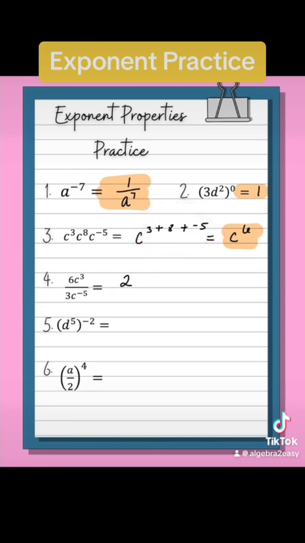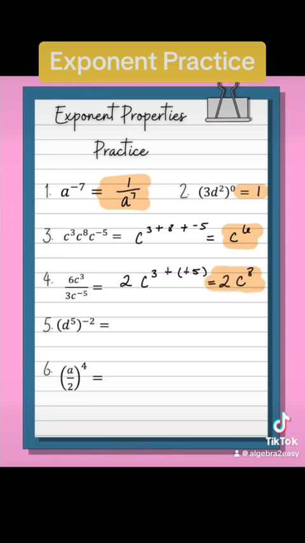So just like I did up here when I added all the exponents, I'm going to rewrite this subtracting the exponents. So we're going to have c to the 3rd power minus, and then we look to see what the exponent is in the denominator. It's a negative 5, so we have minus negative 5. Well, that minus a negative becomes plus a positive. So this simplifies to 2c to the 8th power.